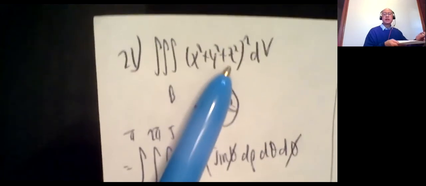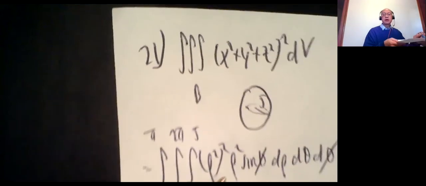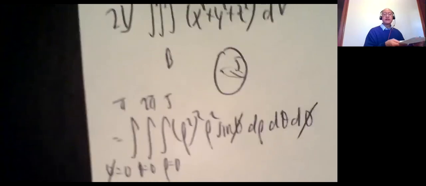So if you have a sphere, center at the origin, radius 5, x squared plus y squared plus z squared, that's rho squared. So I have rho squared squared times dv. dv itself is rho squared sine phi, d rho, d theta, d phi.